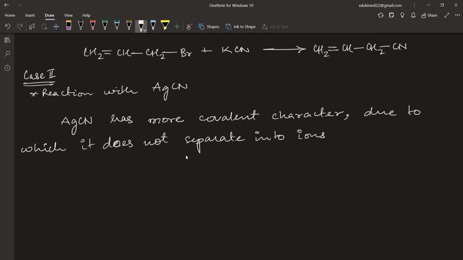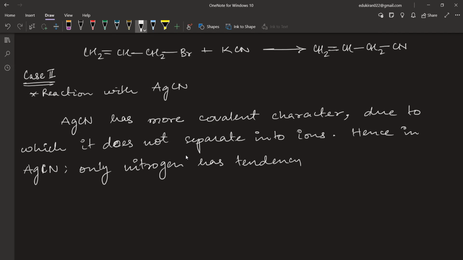It will not separate into ions. No, it will not give you ions. Hence, in AgCN, only nitrogen has tendency to donate electron. Has tendency to what? Donate electron to the alkyl group.